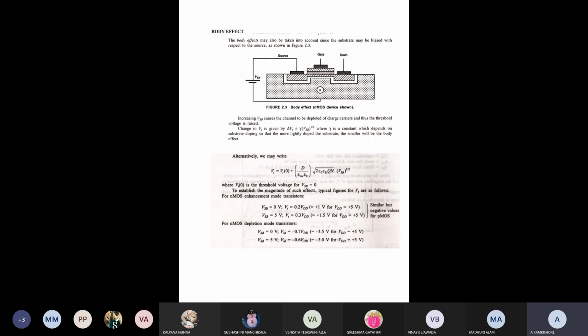That body effect depends on the threshold voltage, and the threshold voltage depends on the substrate voltage. The source to substrate voltage is called in short form VSB.